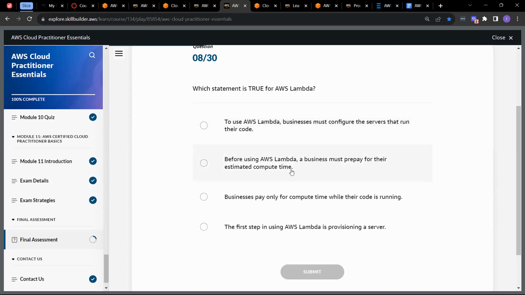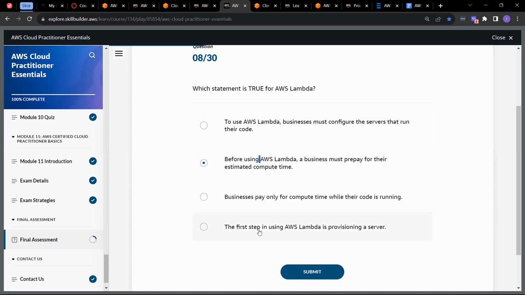Now, this one says that before using AWS Lambda, a business must prepay for their estimated compute time. This defeats the AWS proposition. You don't do any upfront payment, and you don't guess capacity, so this one also defeats the AWS proposition. Now, let's skip to the last one.